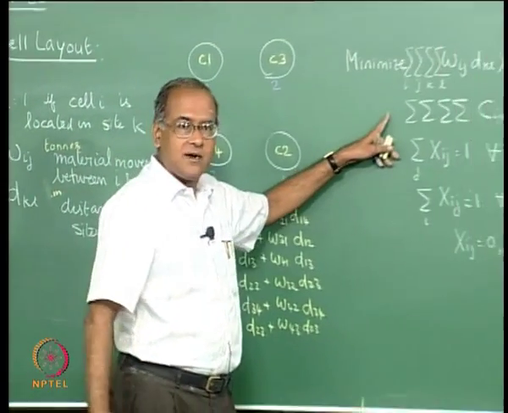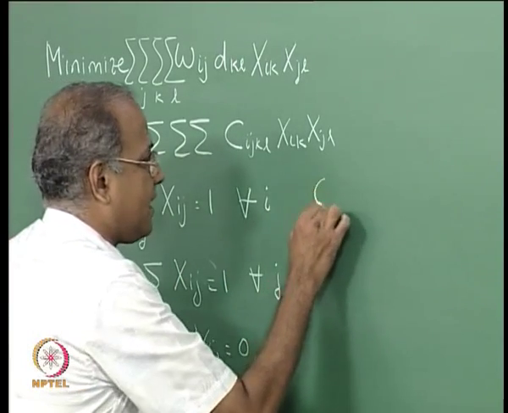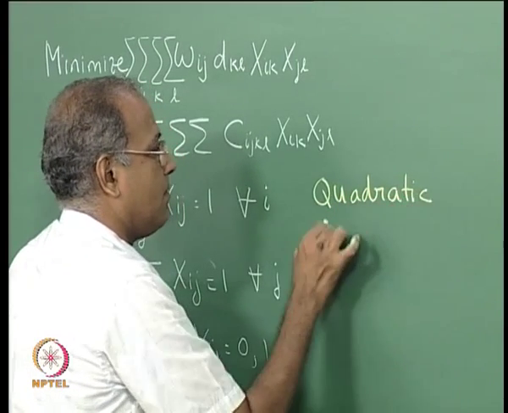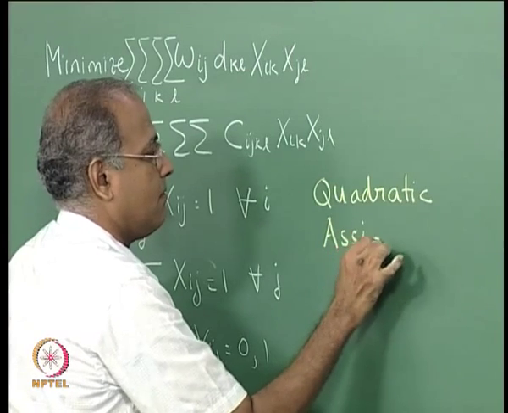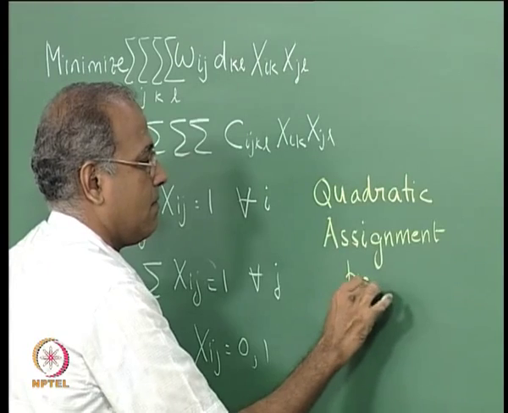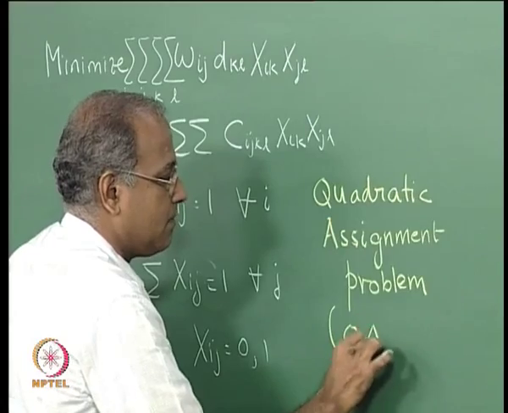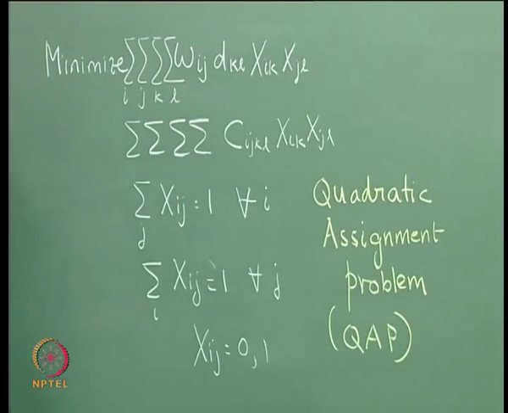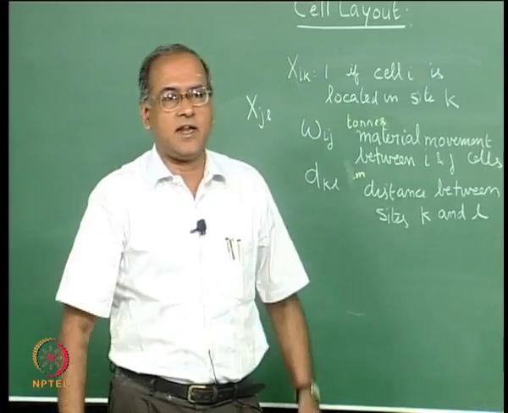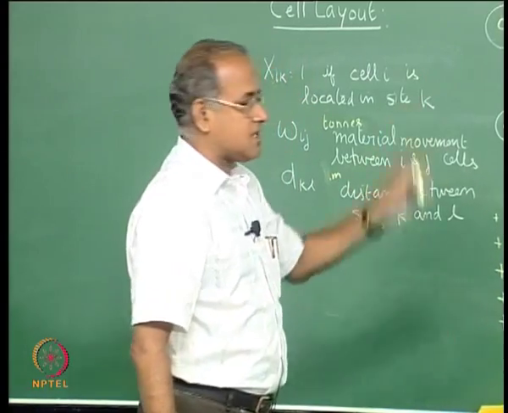So, it is quadratic because it has a product, and therefore this problem is called the quadratic assignment problem. It is called QAP. The objective function is quadratic, the constraints are linear and the variables are binary. So, it is a quadratic assignment problem which is given like this.